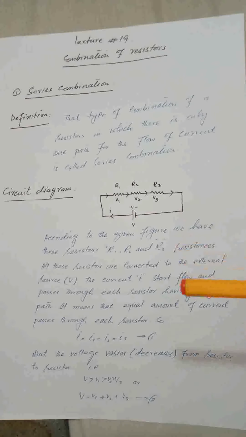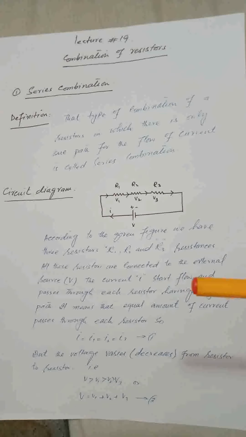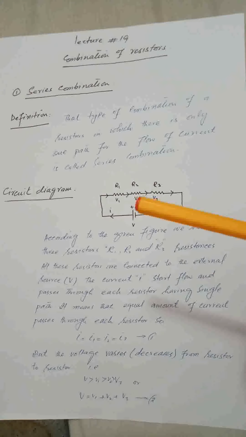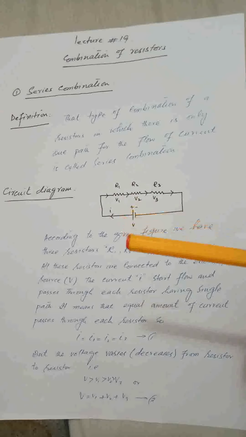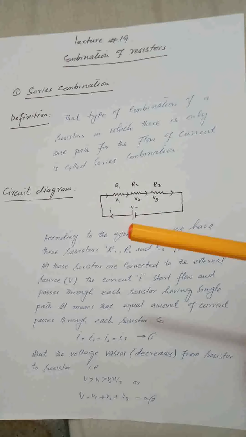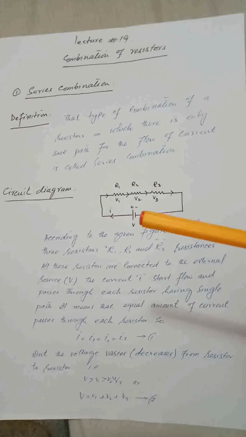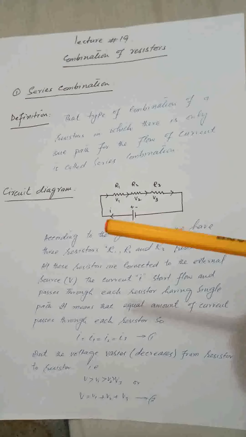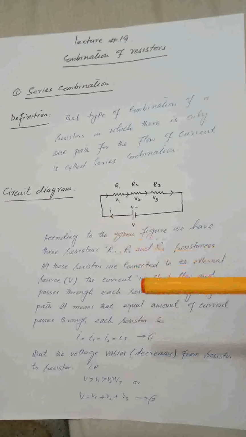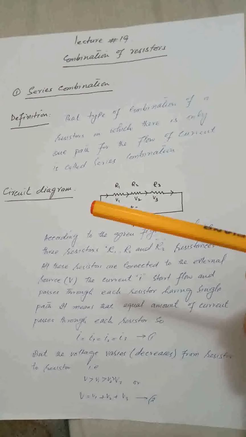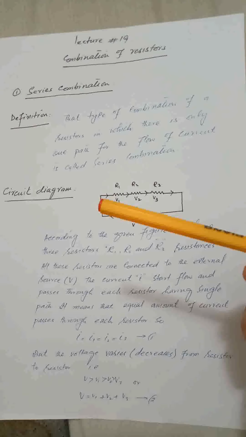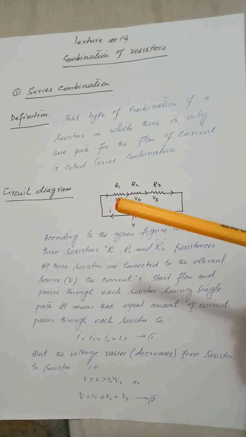What is voltage? Voltage is something difficult to define, but in any electrical circuit, voltage means pushing force on the charges or on the electrons. So the battery will push charges. These charges will move with a fast speed through resistor R1.